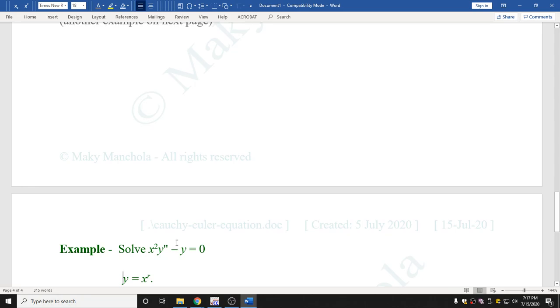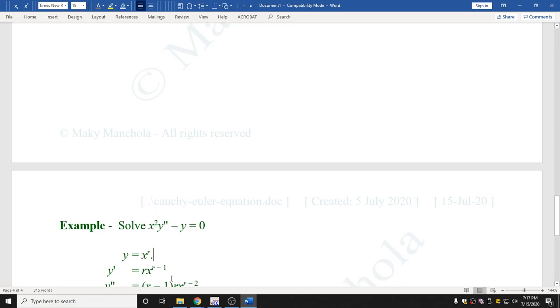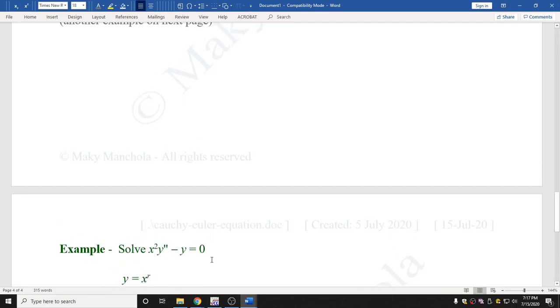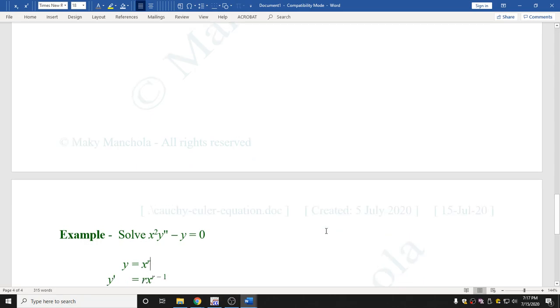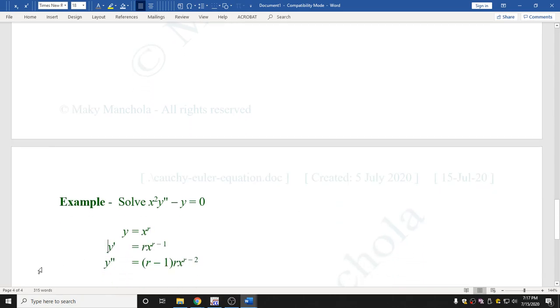So we plug in y equals x to the r. We assume that y equals x to the r is a solution to our equation. Now, first thing we need to do is find the first derivative and second derivative of y. As before, y prime equals r x to the r minus 1, and y double prime equals r minus 1 times r x to the r minus 2.